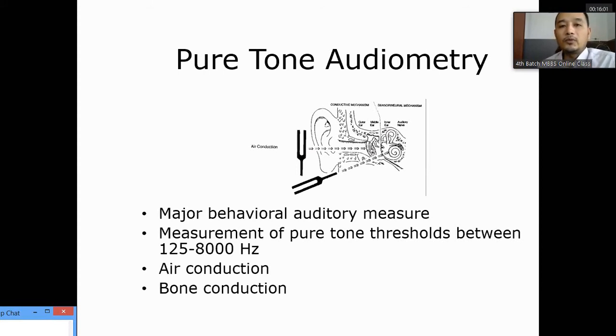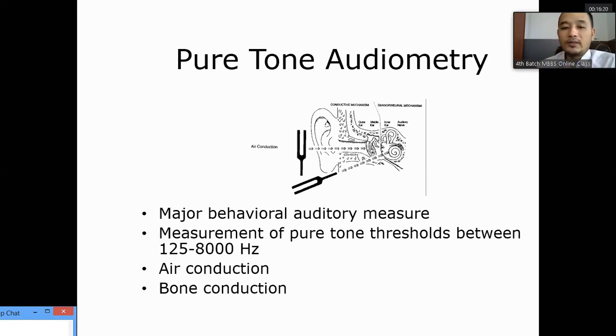Now let's come to pure tone audiometry. It's called pure tone audiometry because we give the sound stimulus as a single frequency sound, which is called a pure tone, of different frequencies. This is a behavioral auditory measure or subjective test for hearing.